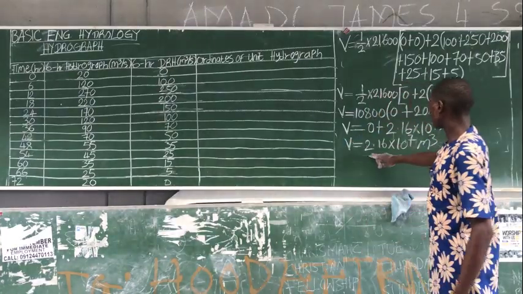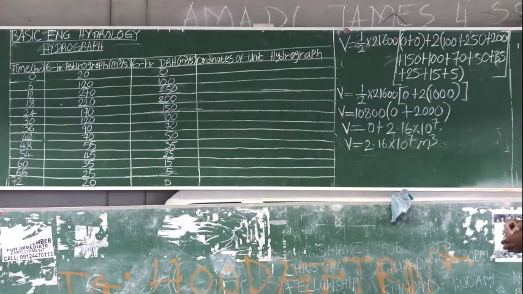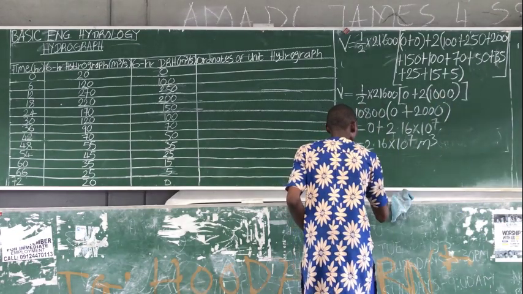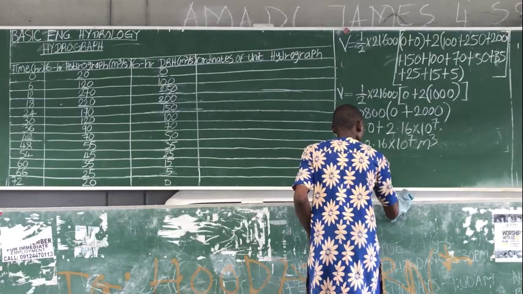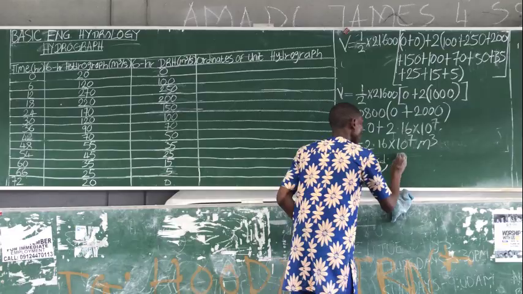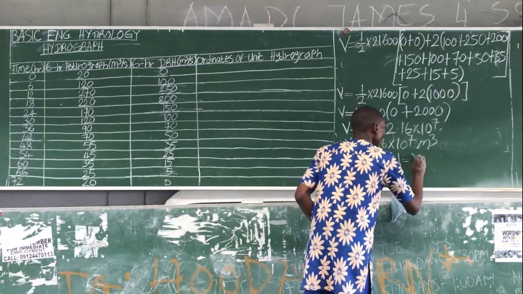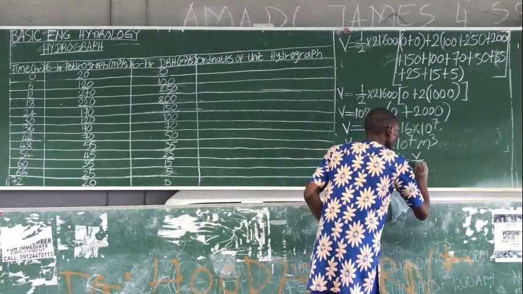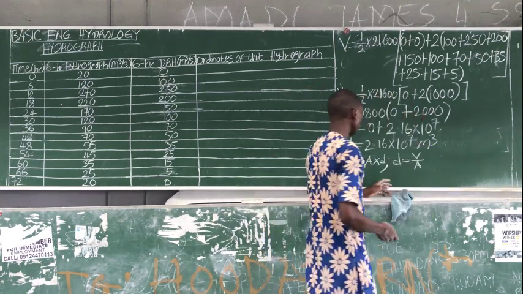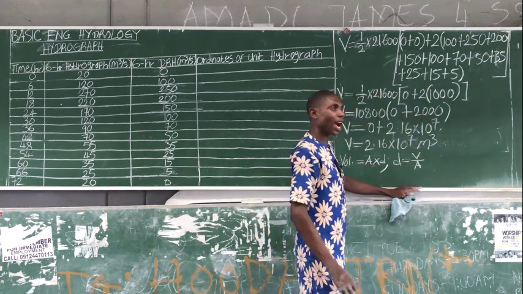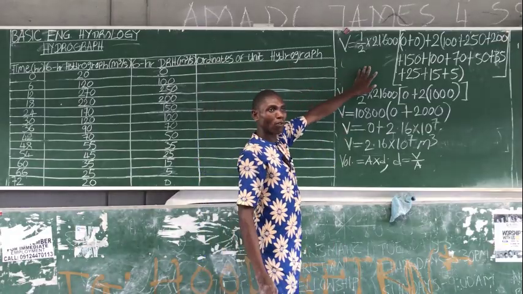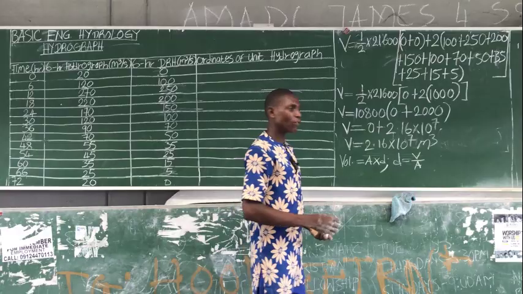Okay, so after getting our volume, we remembered earlier that our volume is equal to area times depth, where our depth is equal to volume over area. So from this point, we can get our depth. Remember that our ordinate of unit hydrograph is our direct runoff hydrograph divided by our effective depth.